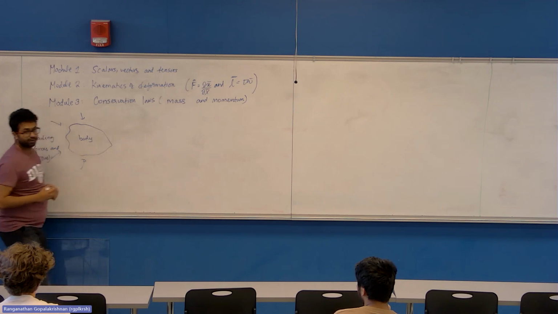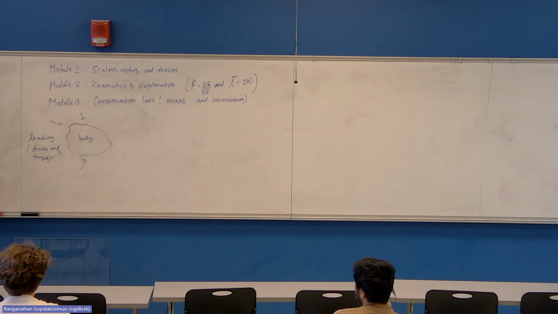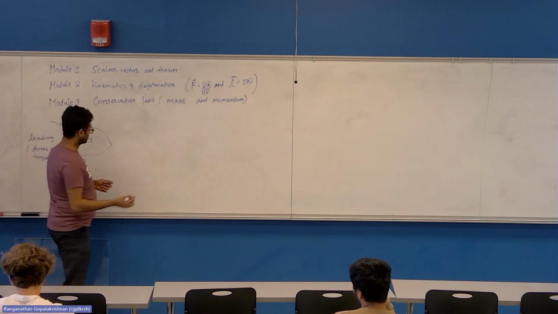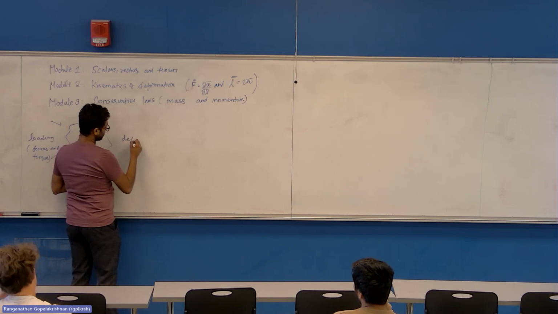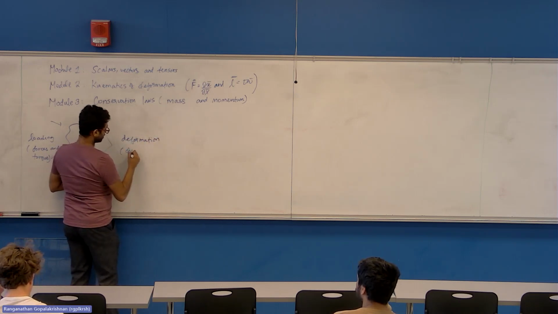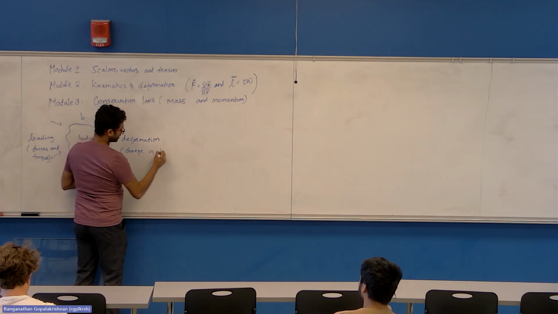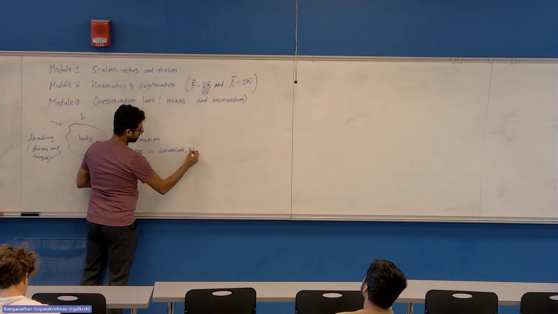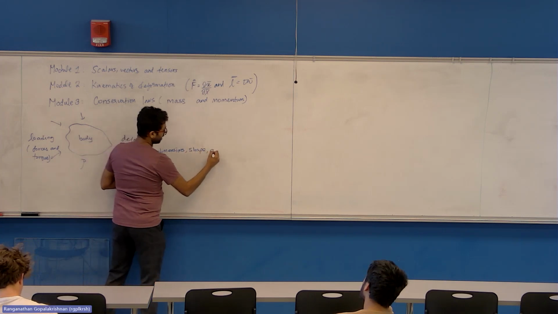And what does loading produce? Deformation. Loading is the cause. Deformation is the effect. Deformation is change in shape or change in orientation. So you get deformation, which might be in the form of change in dimensions, shape, and orientation.